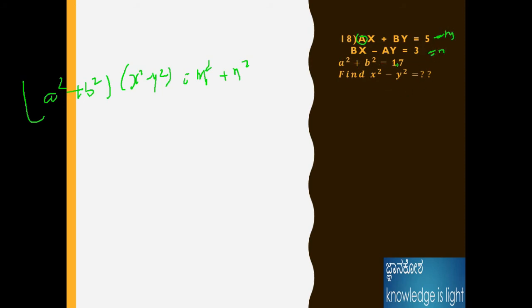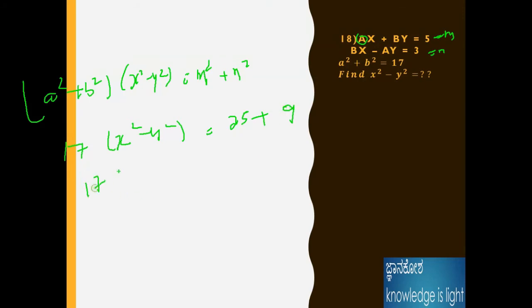Because a square plus b square is already given as 17, we need to calculate x square plus y square. Therefore m square is 25 plus 3 square is 9, 25 plus 9 is 34.